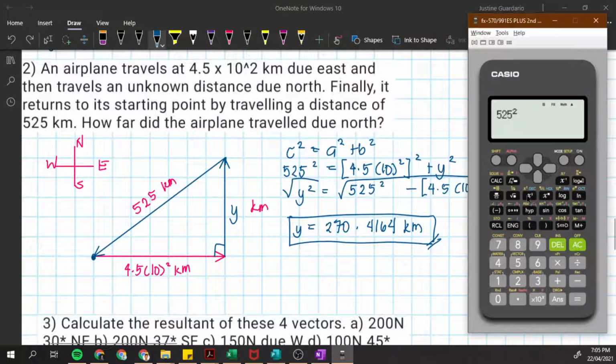We have 525 squared is equal to 4.5 times 10 squared, then we square that one, plus alpha x, our y or our unknown value, we represent it as x. So this is the alpha, then this is the x, then squared. Then click shift, then solve. Then we will have 270.4163457. So we have obtained our answer.